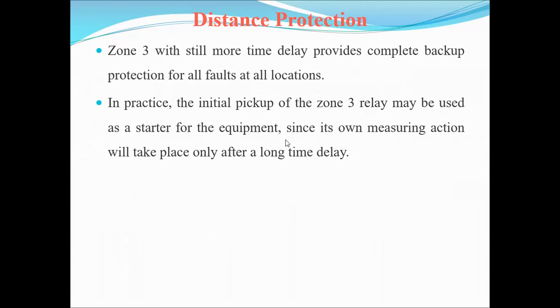Because it is used only for backup protection, if any one of the relay coils in zone 1 and zone 2 does not operate. In that situation only, this relay coil will operate.